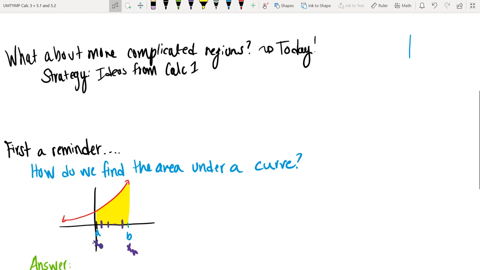And we said, for each of those partitions, we're going to make a rectangle that approximates the area, and we used different endpoints, left, midpoints, or right endpoints, that sort of thing, and then we ended up taking a limit, right?